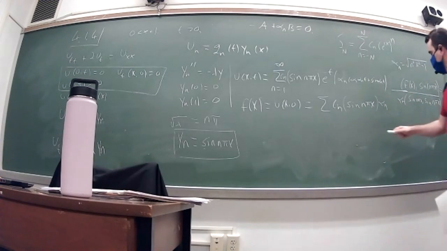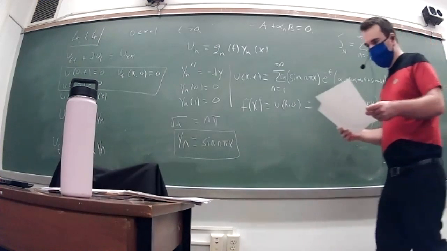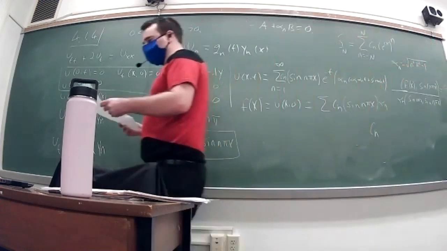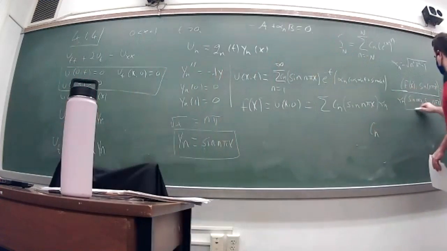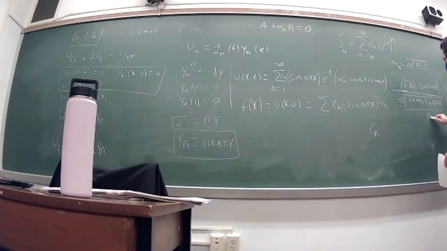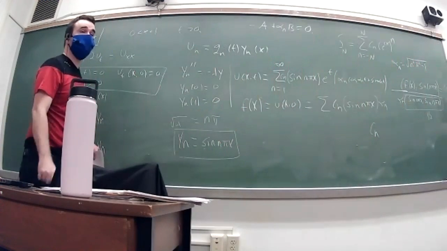And so this L2 inner product, I think we know by now it's always pi over 2. Well, on the bounds, or I guess it's always 1/2. Yeah, sorry about that. This is always 1/2. The bounds are 0 to 1.